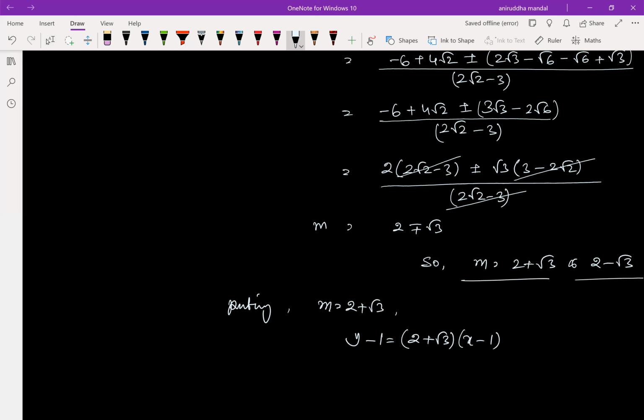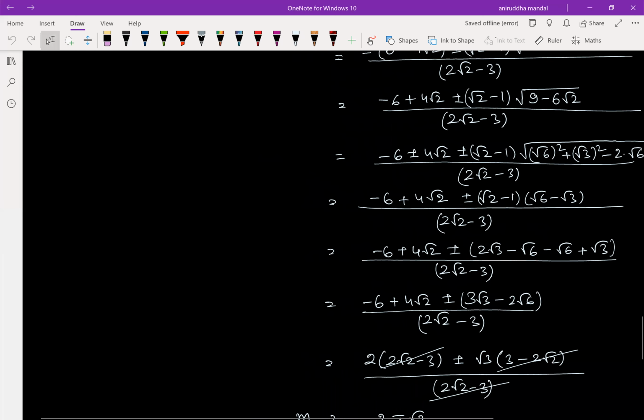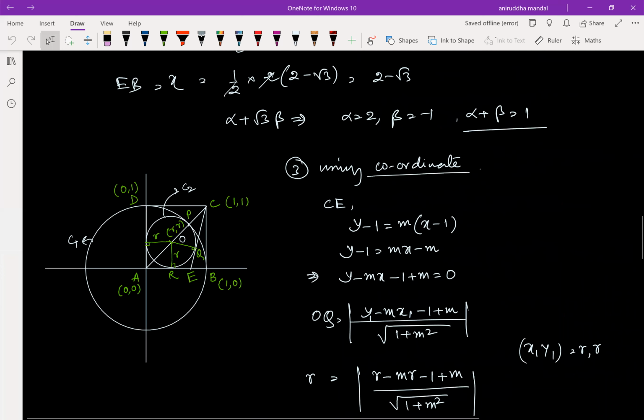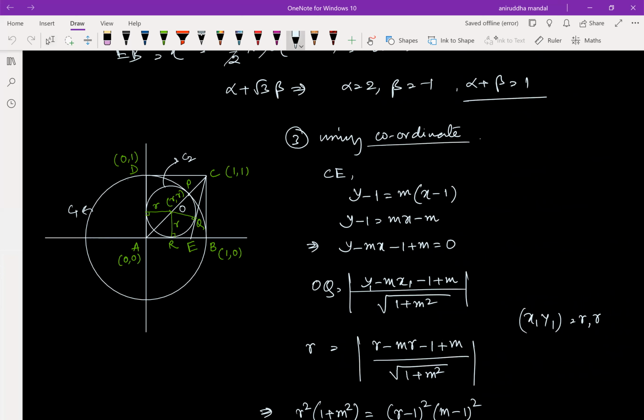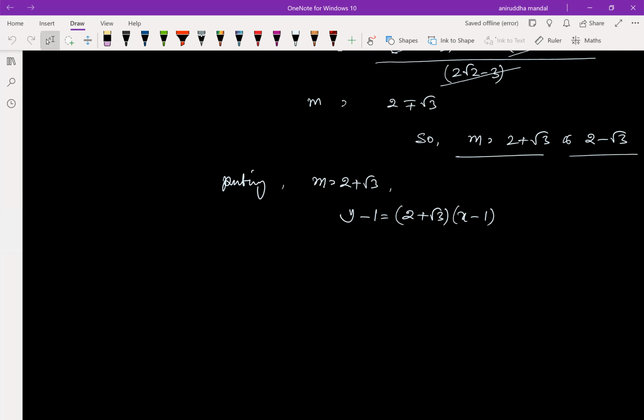Now this CE cuts the AB at point E on the x-axis. So by putting y equal to 0, we get the value of E as x comma 0. Let's say E coordinate is x comma 0.